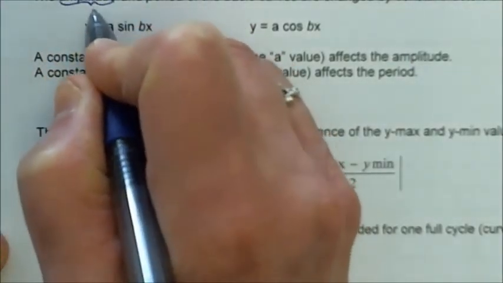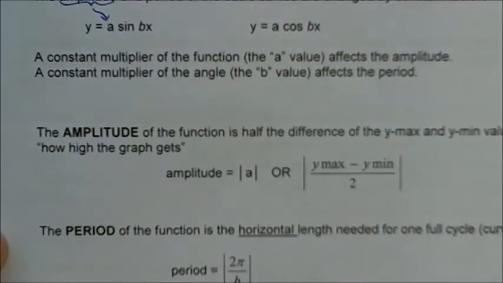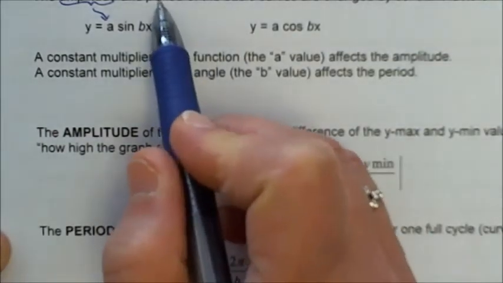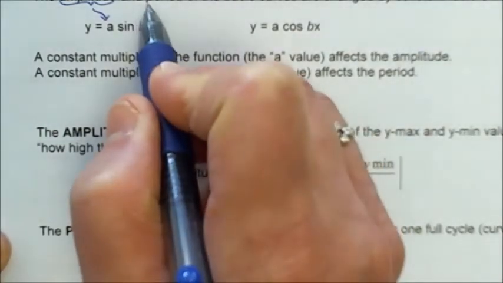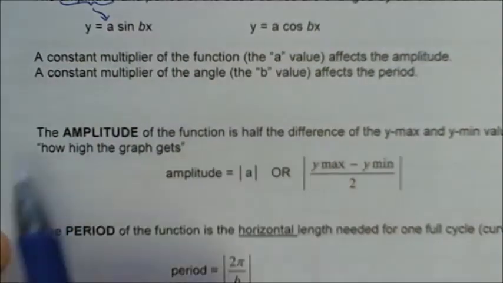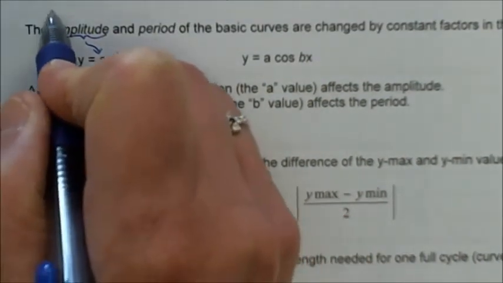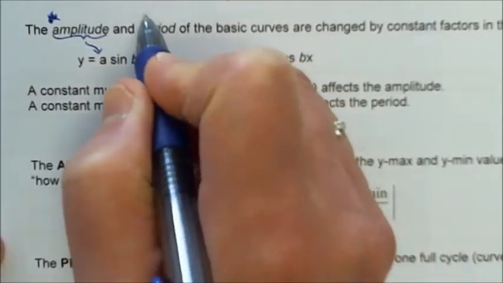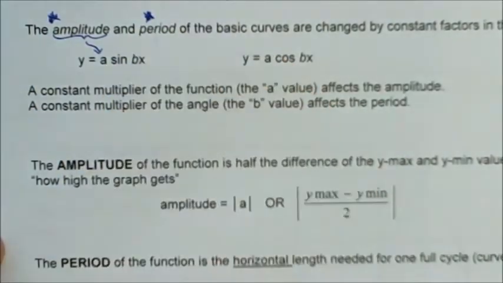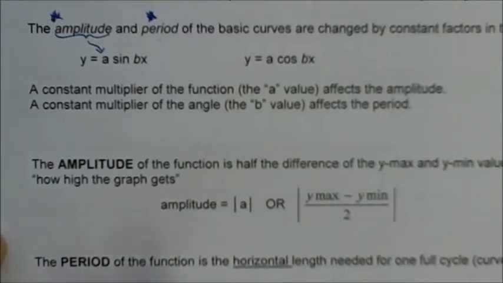The absolute value of a is going to be the amplitude. And the period is affected by the b value. But there's a formula for period. Amplitude we're already familiar with, but period is another vocabulary word we'll have to know.